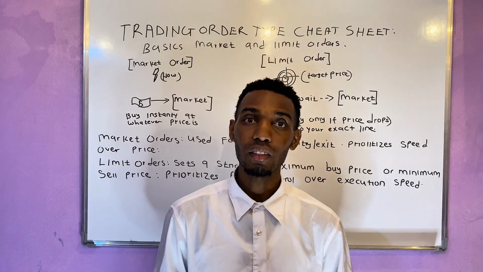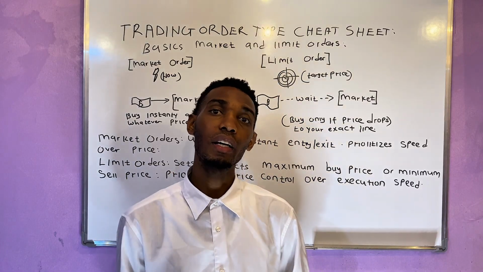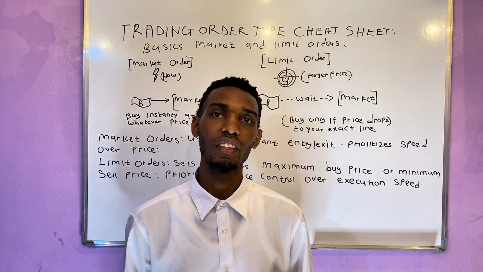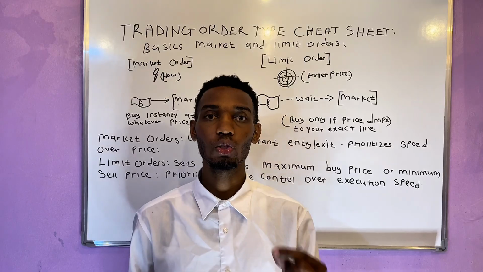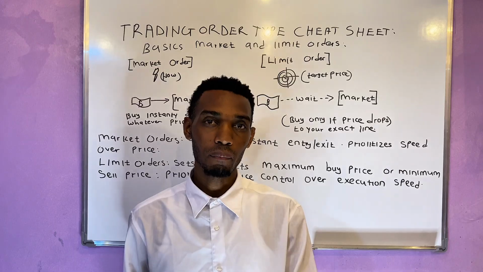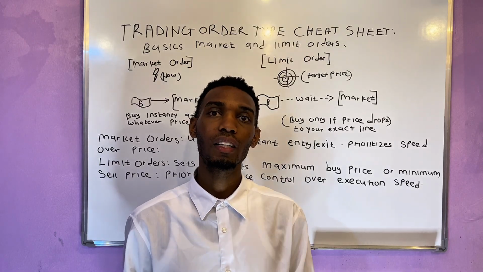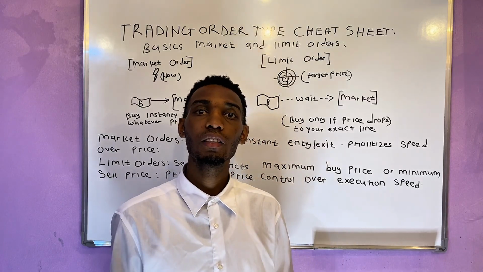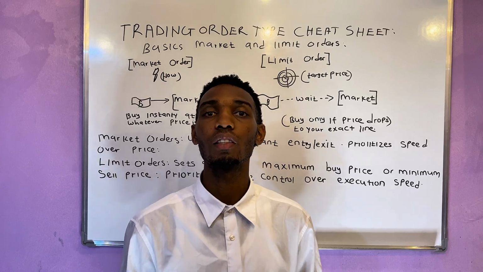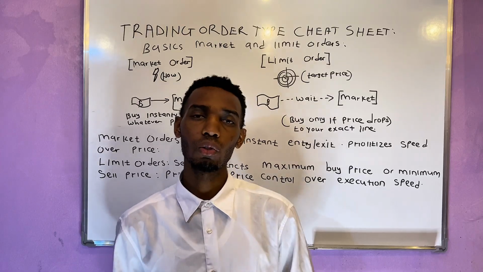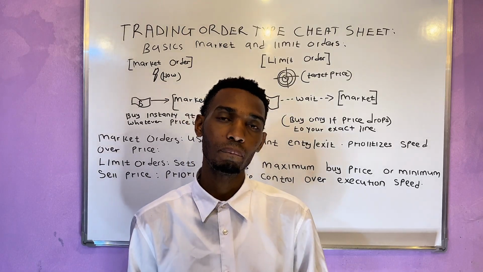On the other hand, a limit order is like telling the shopkeeper, I will only buy this item if the price drops to exactly $100 or less. If the price never drops to $100, you don't buy it. This gives you ultimate control over your money.